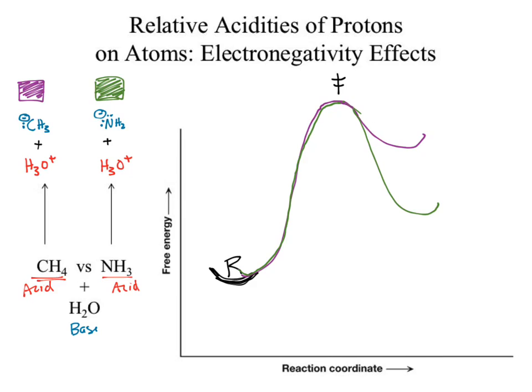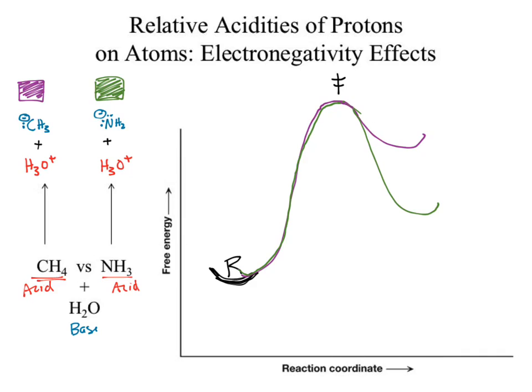What does that mean? Which is closer in energy to the transition state, the products or the reactants? The products. So I would expect the transition state to be closer in energy to one of those.